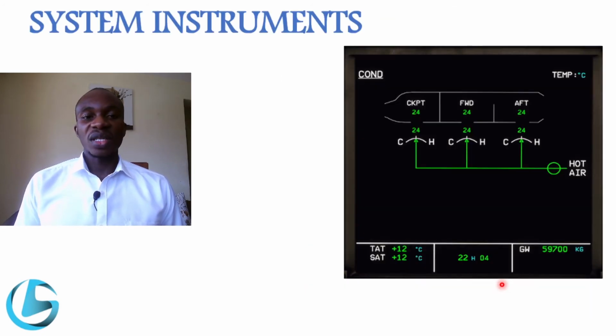For example, you can see this is a page for the air conditioning system, and the indication being given here is the temperature in the front, in the cockpit, in the forward cabin, and in the aft cabin. Temperature is in degrees centigrade. It also shows if a valve is closed or open. This can be indicated on the indicator of the particular system.